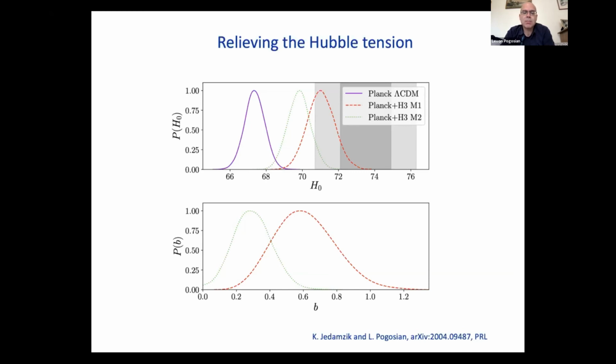It's actually that both give acceptable and very good fits. If you look at the probability to exceed number, PTE, for lambda CDM, Planck has something like 17%. And for this model that gives you a relief of Hubble tension, it's 15%. So it's hardly a degradation of the fit.